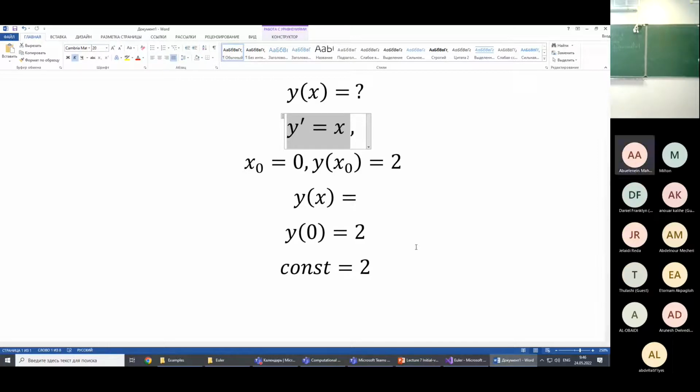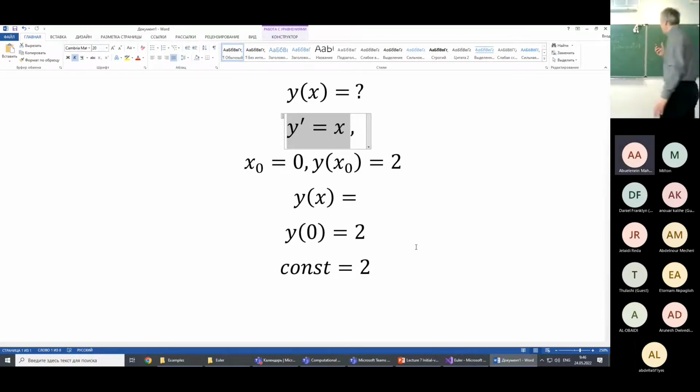X squared. You are on the right way. But if we consider x squared, what will be the derivative of x squared? 2x. But in our case, we have x.